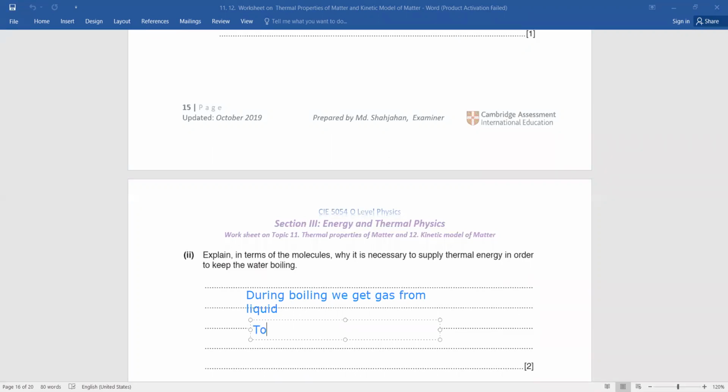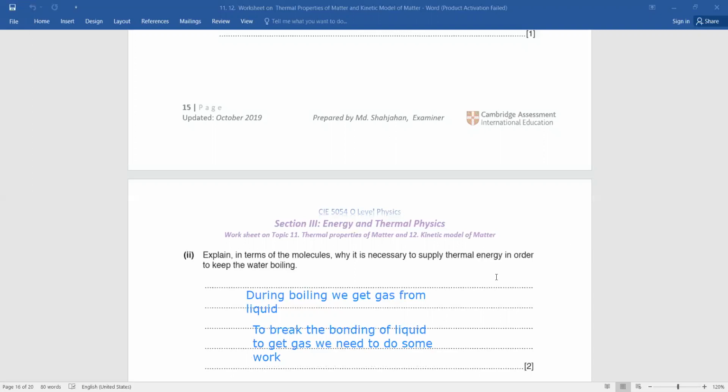To break the bonding of liquid to get gas, we need to do some work.